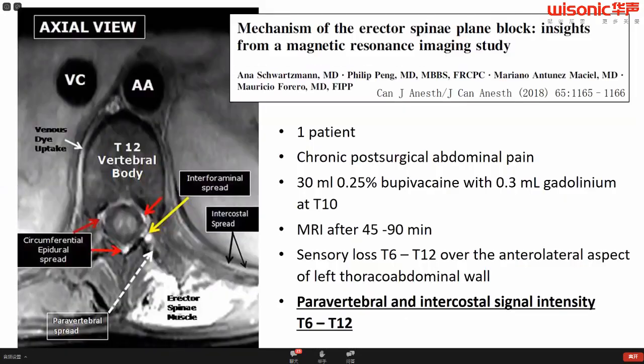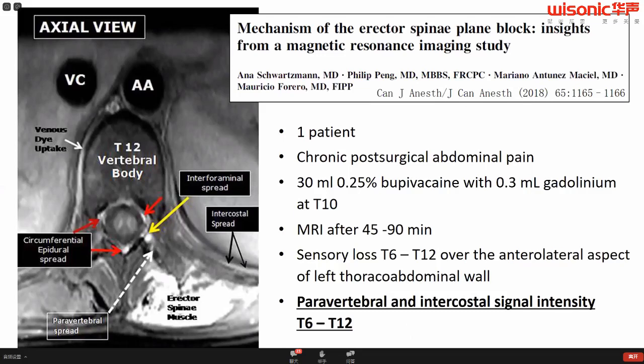This is another patient where 30 ml of bupivacaine with contrast dye was injected at T10, and after 90 minutes they made an MRI.